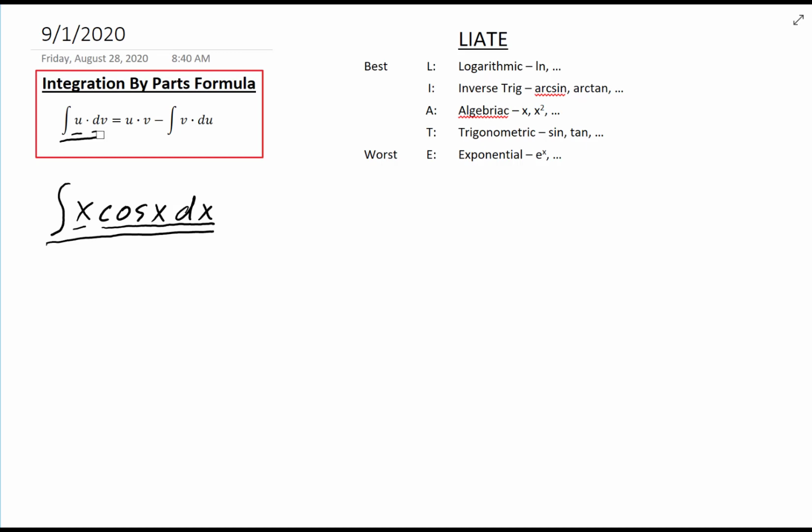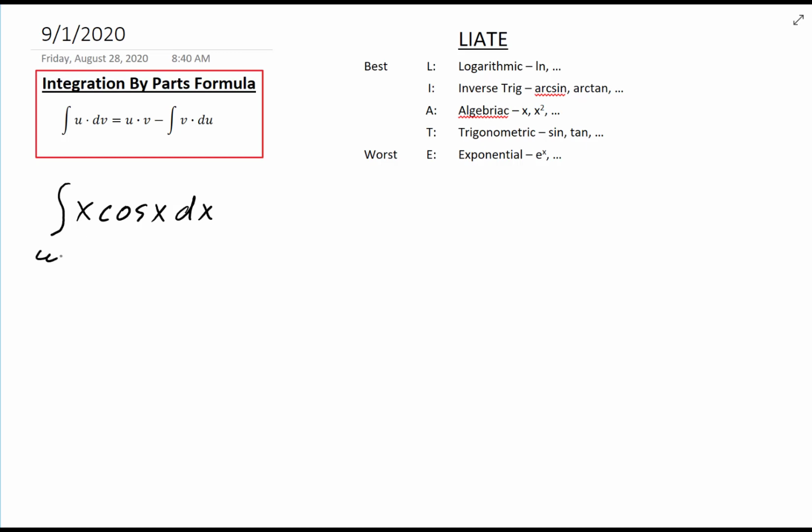Now you'll notice on the formula over to the right, we're going to need to find v and du. So let's go ahead and do that.